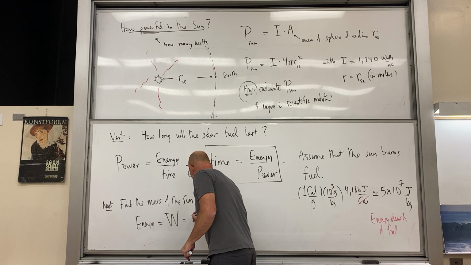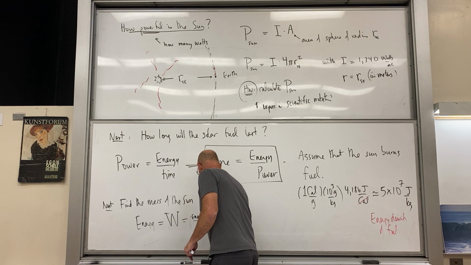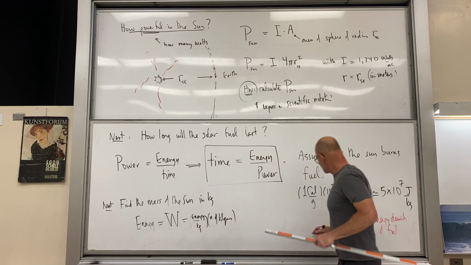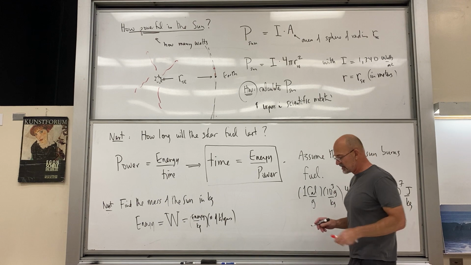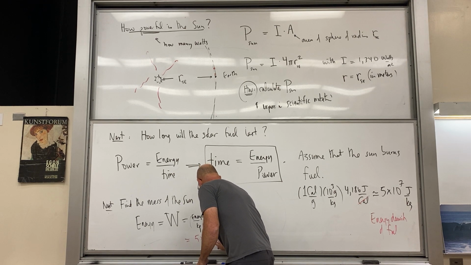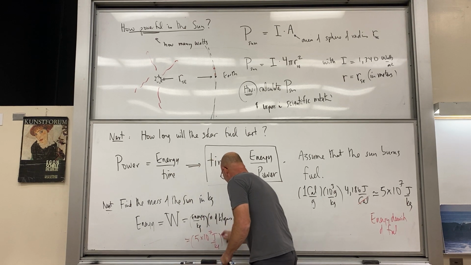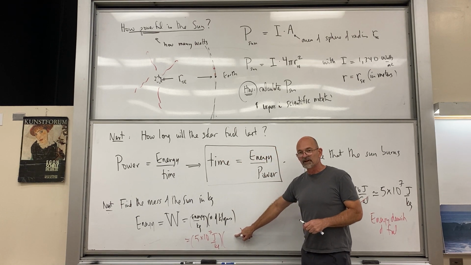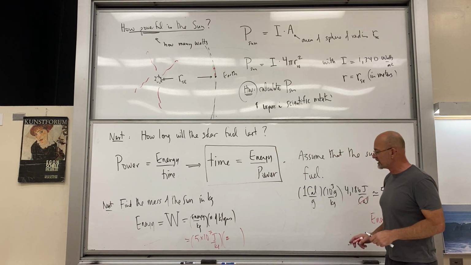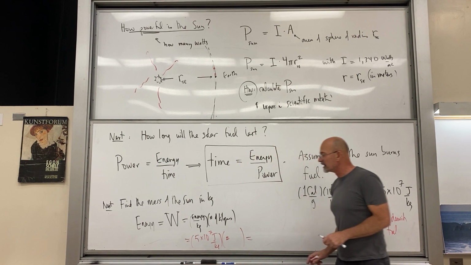So it's going to be energy per kilogram times the number of kilograms. So this is your 5 times 10 to the 7 joules per kilogram, and this is your number of kilograms for the sun. And so this is going to give you some big number.